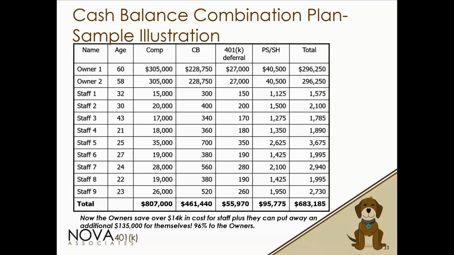And the reason that this setup is so advantageous is because we basically project everything to retirement on a benefits basis, and we test it there. So if you think about it, if I give you $1,000 and you're 21 years old, then that $1,000 gets to grow until 65 with some sort of interest.